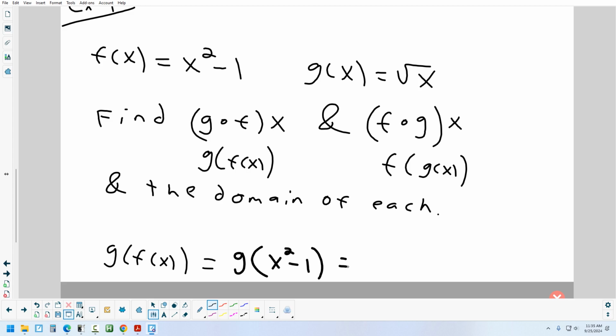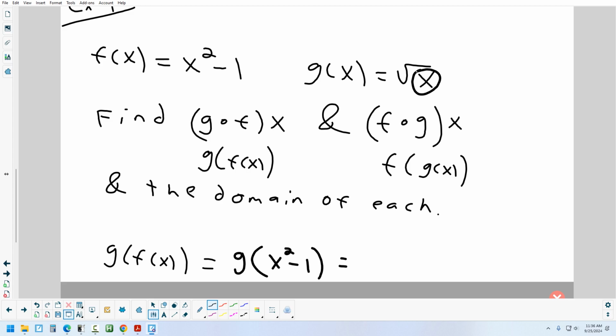Now, Tom, in the function that's g, what are we going to replace all the variables with? Square root of x. Or no? Well, that's the g of x, but we're plugging something in for the x right here.